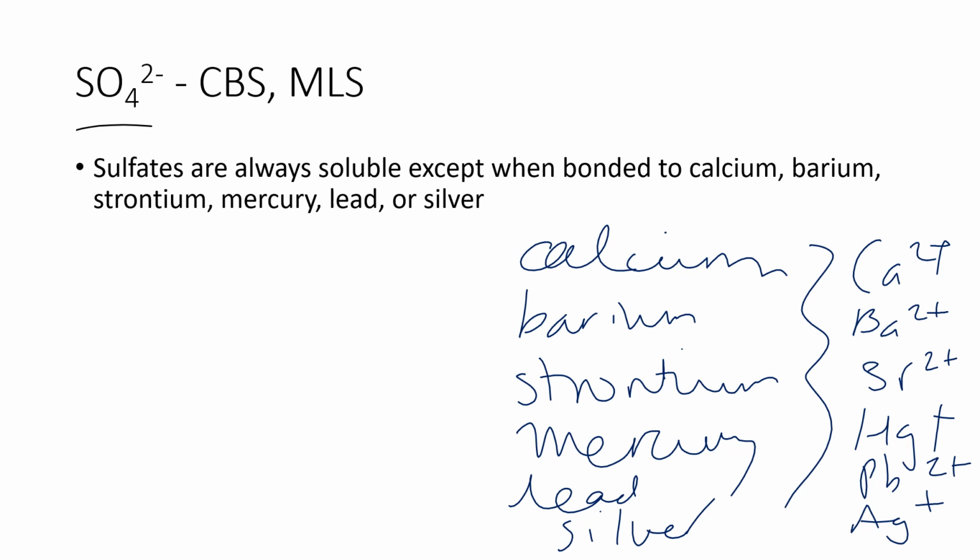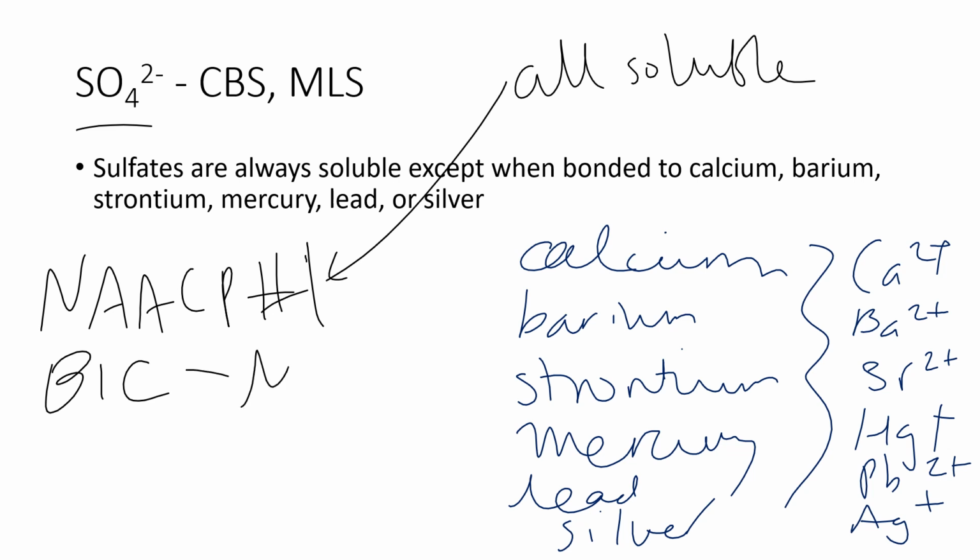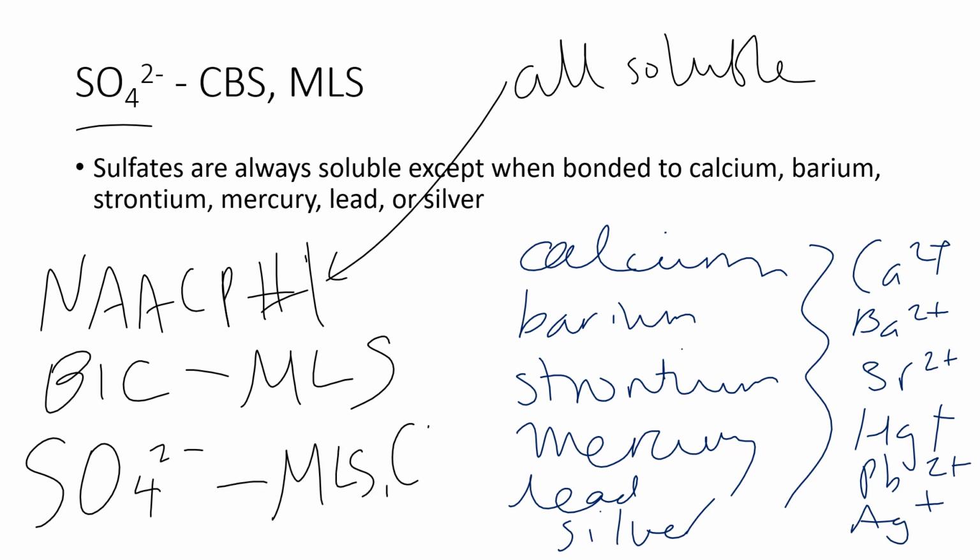Just to recap, NAACP number 1, all soluble. BIC are always soluble except when bonded to MLS, and sulfates are soluble except when bonded to MLS and CBS.